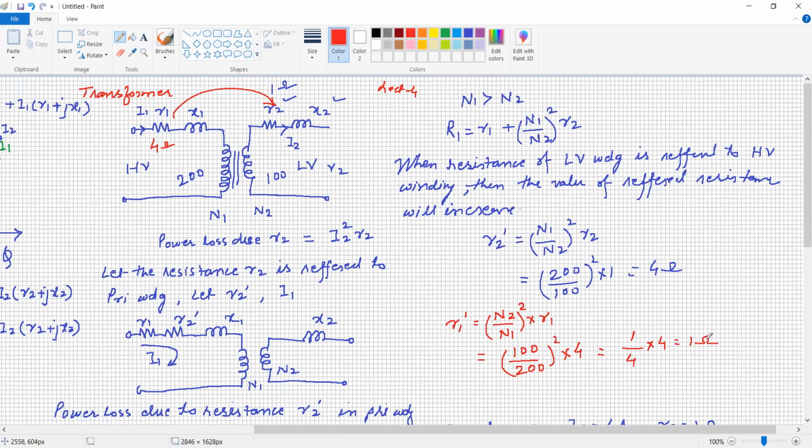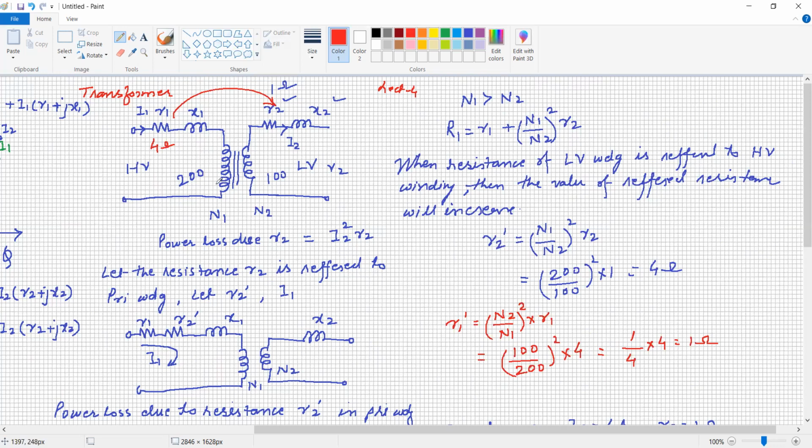So it is quite clear that when any resistance is referred from low voltage winding to high voltage winding, the value of resistance increases. Similarly, when the resistance or reactance is referred from high voltage winding to low voltage winding, the value decreases. Why is it so? It is quite simple: when the number of turns is more, definitely the resistance will be more.